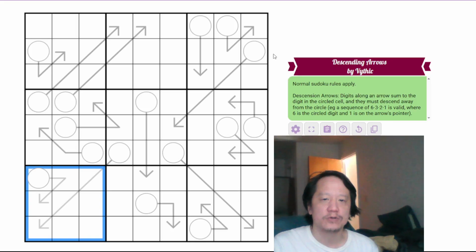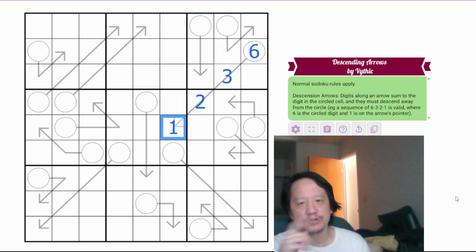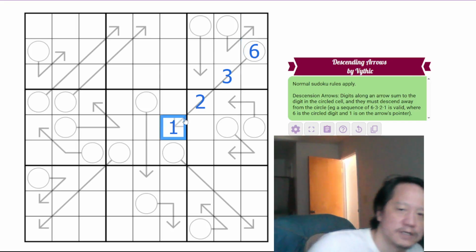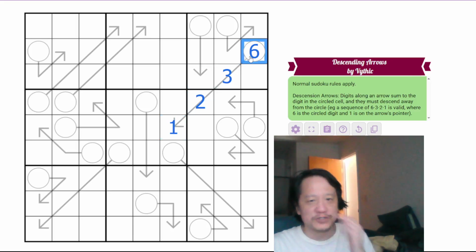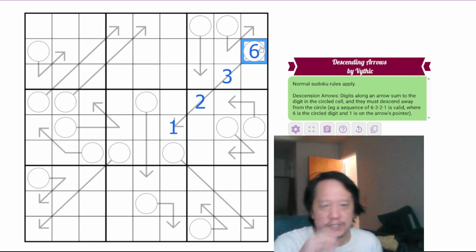For example, a sequence of 6, 3, 2, 1 is valid, where 6 is the circled digit, and 1 is on the arrow's pointer. So the digits going away from the circle must be continuously decreasing. And the digits along the arrow sum to the digit in the circle.